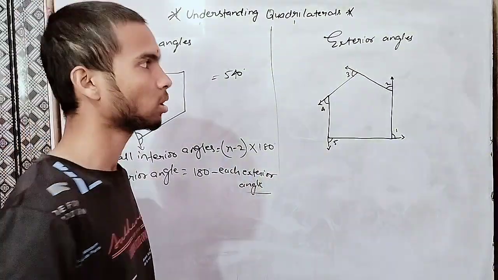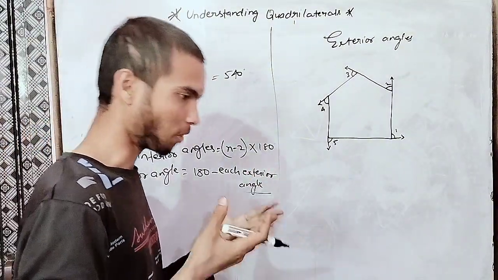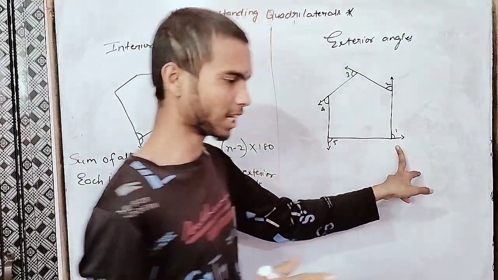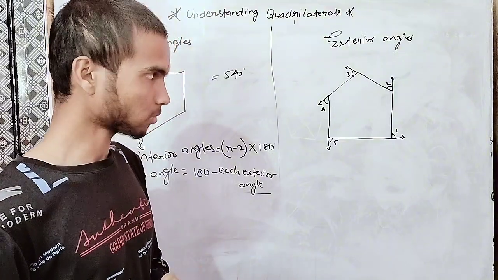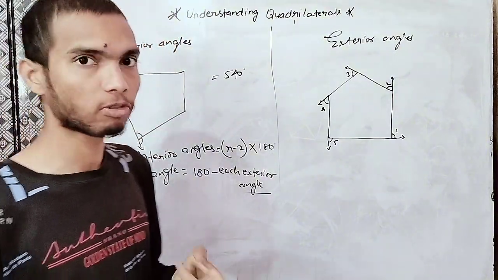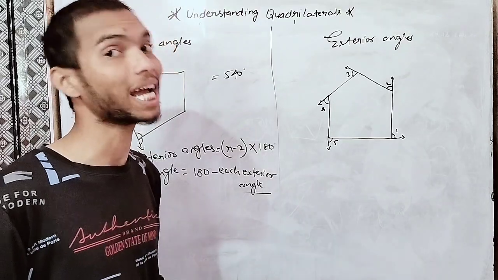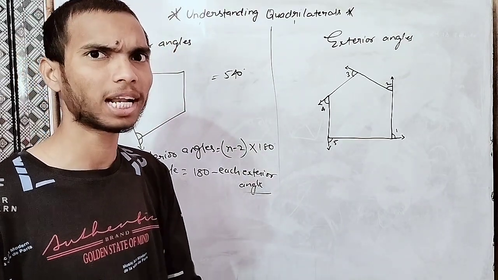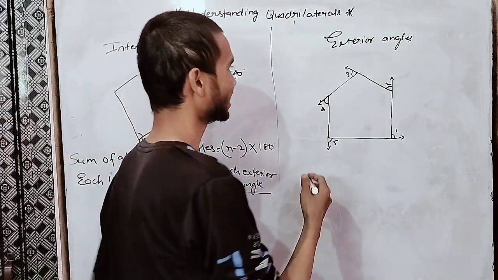But in this case, to find the value of all exterior angles, how many exterior angles do we have? 1, 2, 3, 4, 5. 5 exterior angles. So always remember, whatever we have, the sum of exterior angles would be what? How much? 360 degrees.